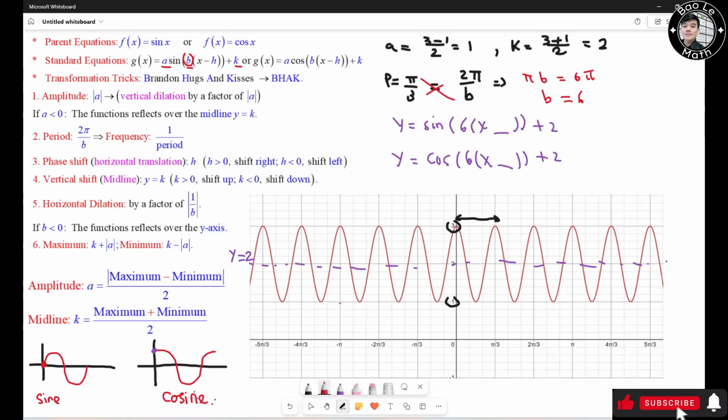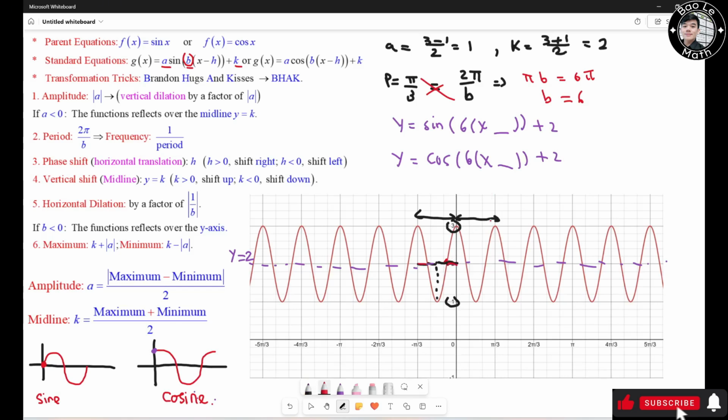So for the sine function right here, you know that the sine function starts from the midline, so you could start from here. Now you see that the period is pi over 3. So the distance from here to here is going to be 1/4 of the period. Keep that in mind.